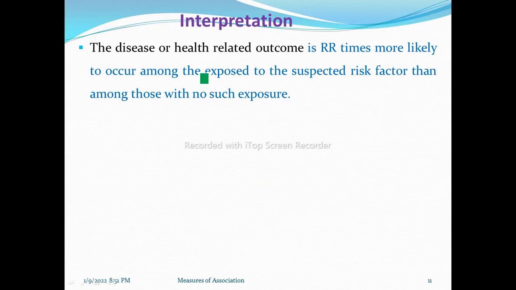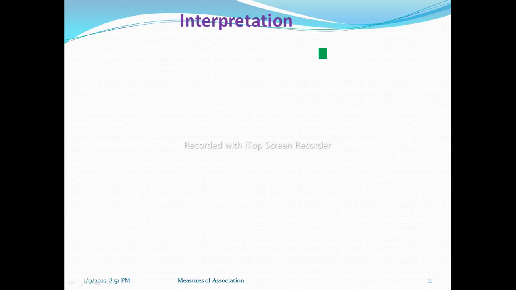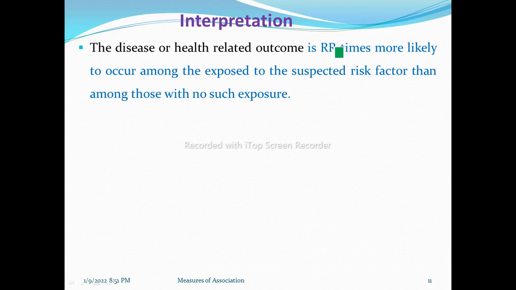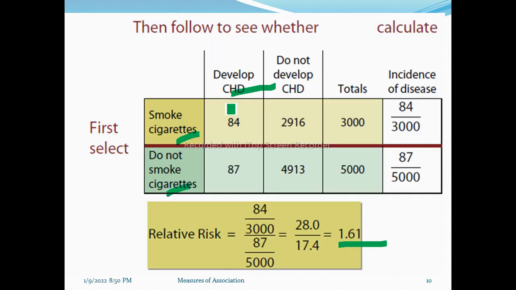The disease or hazard related outcome is 1.61 times more likely to occur among those exposed to the suspected risk factor than among those with no exposure.